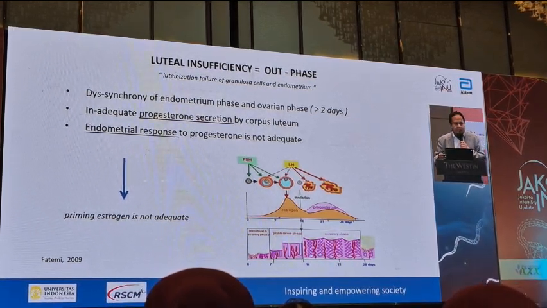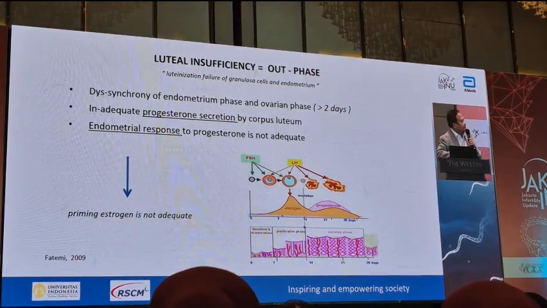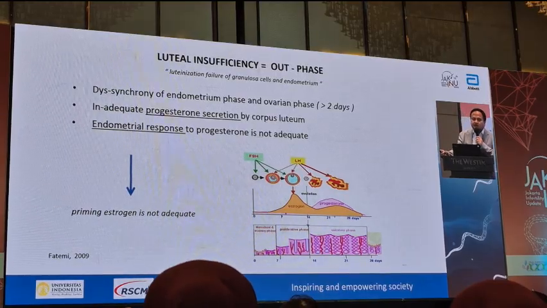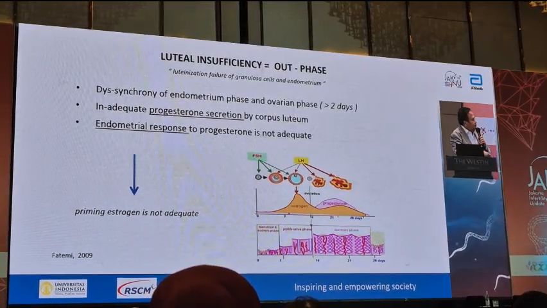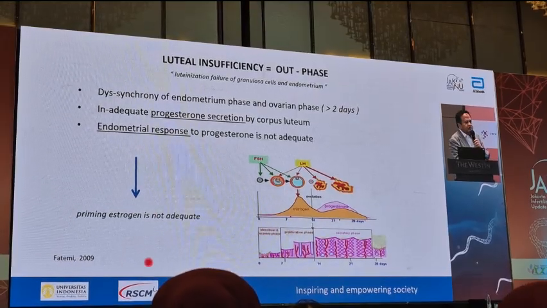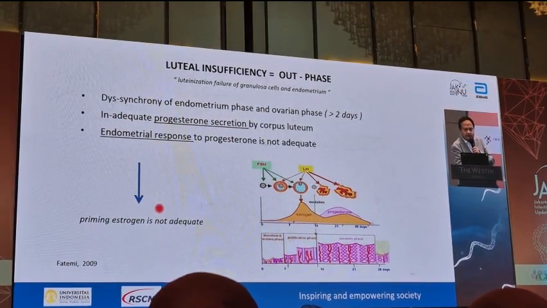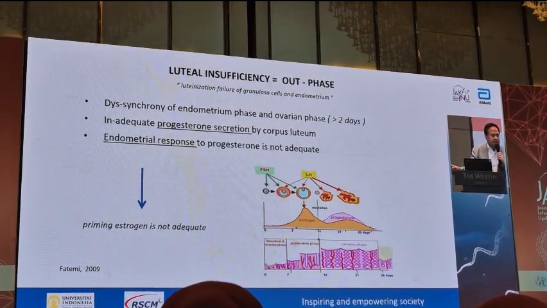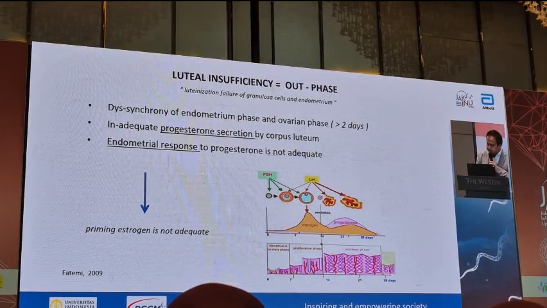It happens because of inadequate progesterone secretion by the corpus luteum, or the response of the endometrium to progesterone is not adequate because there is no progesterone priming before. So that's why the priming of estrogen before is very, very important. It means that folliculogenesis should happen very well before we have a good corpus luteum.